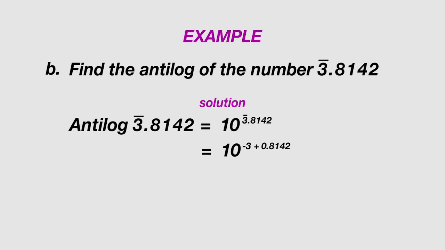Now when you work the exponent, you are going to get negative 2.1858. So now we put 10 raised to the power negative 2.1858 in the calculator, and it gives us an answer which is 0.006519.